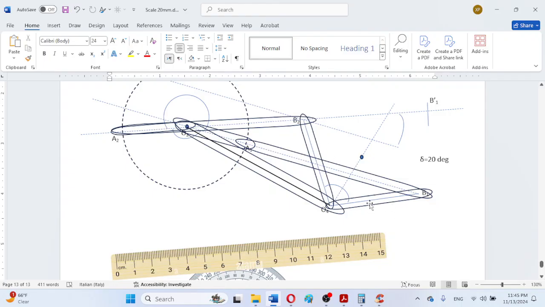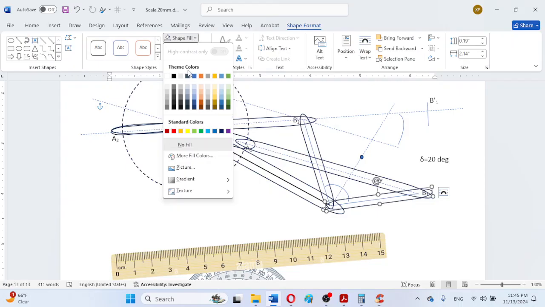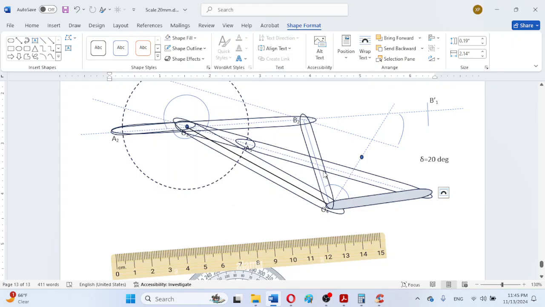We can also, for example, color them. Just go into the shape format, for example, shape fill, into some suitable colors, for example this.